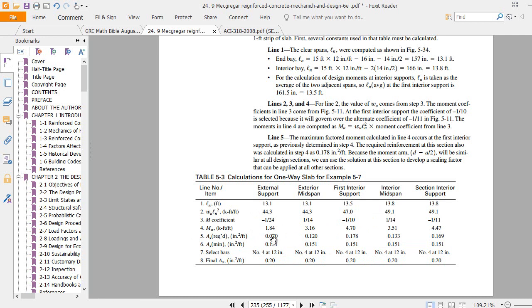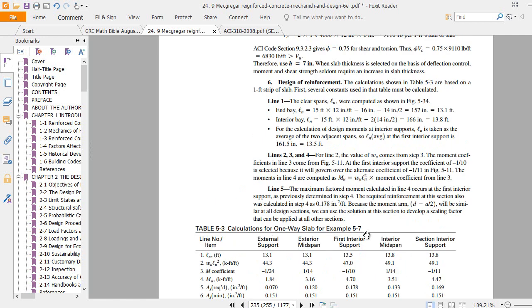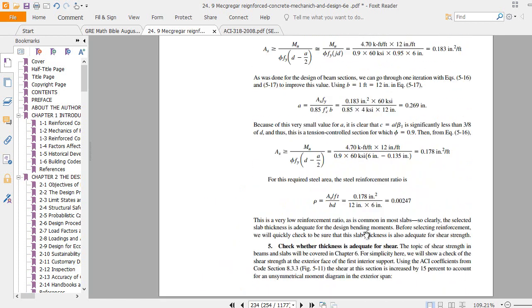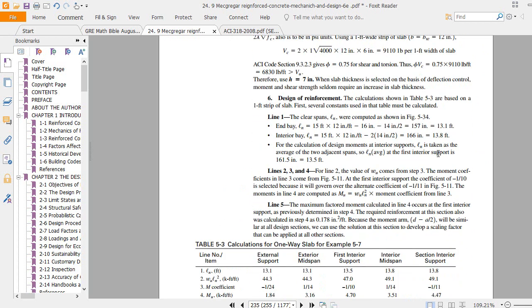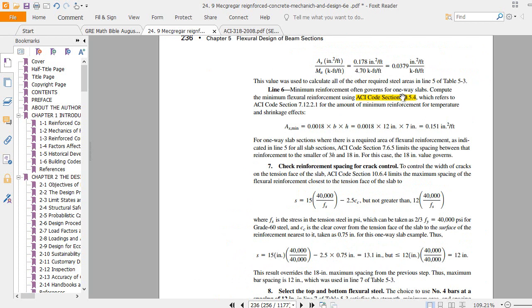And the next, As is required. How is it basically calculated? Remember, a very simple procedure right here. You see the maximum moment is this one, 4.70, and the steel ratio, or the steel which is already calculated, the maximum, that is 0.178. So we will calculate a scale factor right over here: 0.178 divided by 4.70.